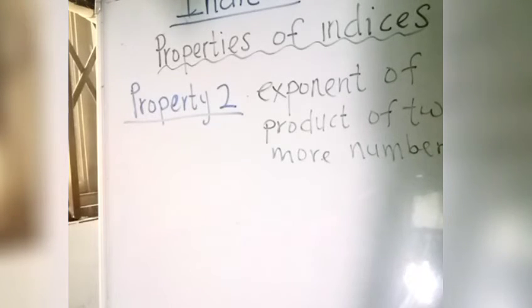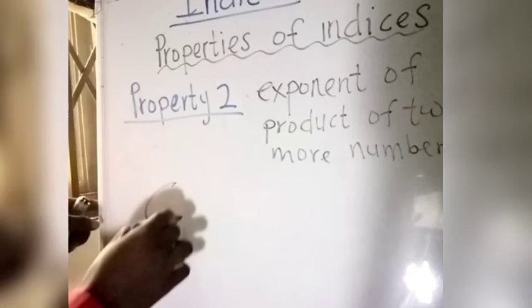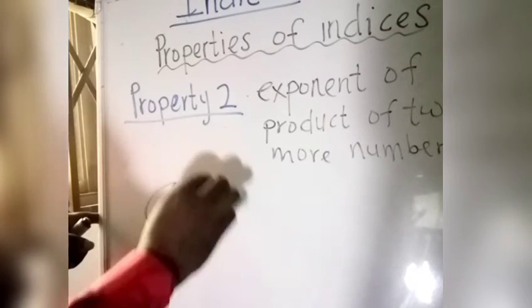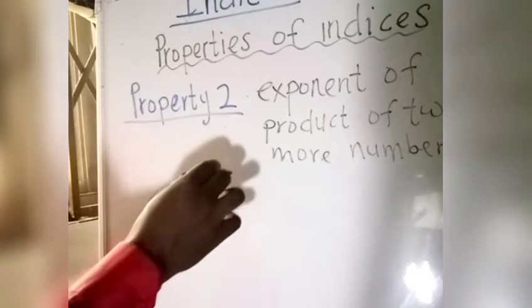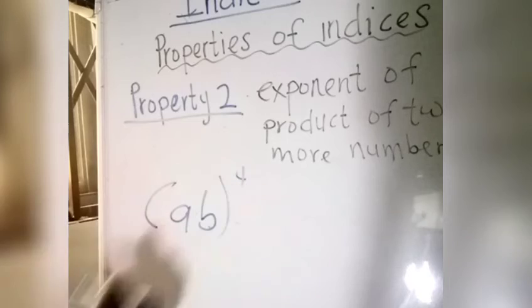Okay, the next property also says that the exponent or power of a product of two or more numbers affects the two numbers. So, for example, when you have a product of two numbers, let's say a times b, ab, it means that they are multiplying and there's an exponent here. The law says that the exponent affects the two numbers.